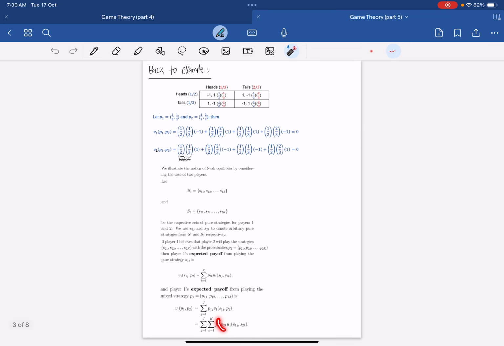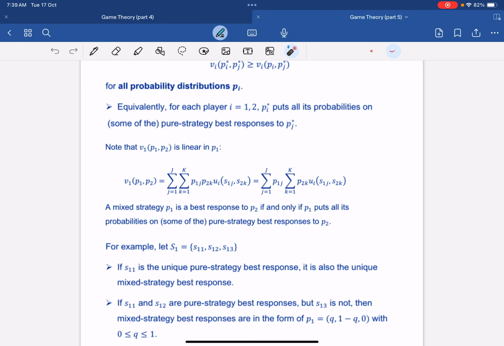Remember we have the summation over here, so we can write the summation in this form, and this part doesn't depend on K, so we can take it out, so you are only left with this. This is the pure strategy best response to PJ star. So it is actually the sum of certain pure strategies added together. And the mixed strategy will only be a best response if it is put together by a series of probabilities of pure strategy. So a mixed strategy must be made out of pure strategy best responses, if there are any.